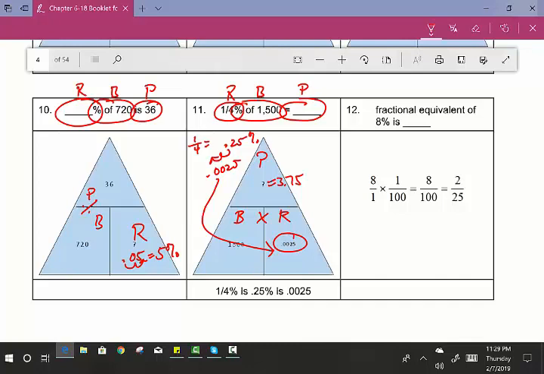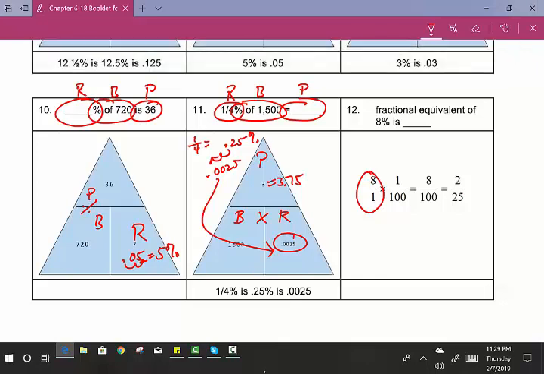The fractional equivalent of 8% is, just put 8 over 1, multiply that times 1/100th, and by the way, 4 will go into 8 2 times, and 4 will go into 100 25 times. So that gives you 2 times 1 is 2, and 1 times 25 is 25, which gives you 2/25.